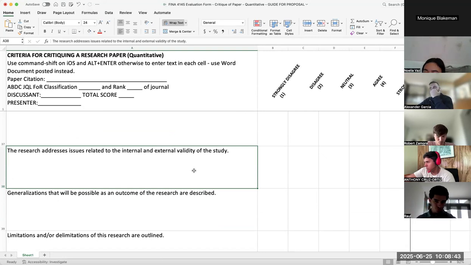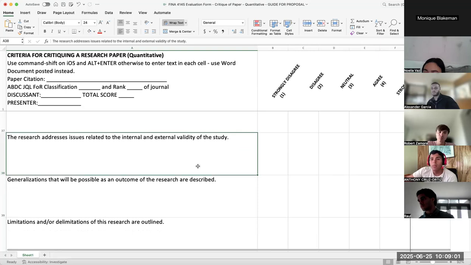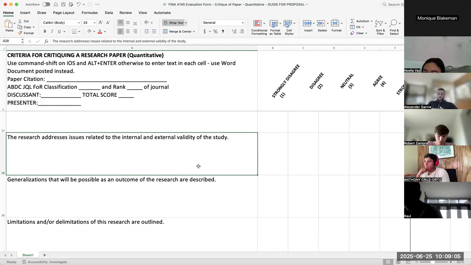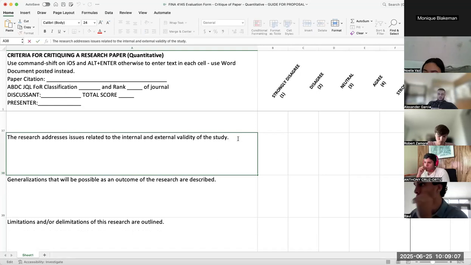What about this? The research addresses issues related to the internal and external validity of the study. Let's leave that as NA, not applicable, right now.